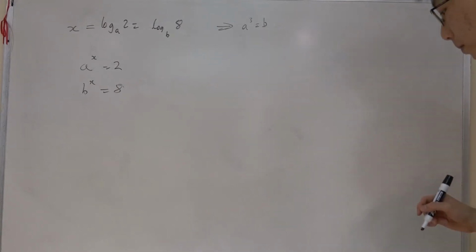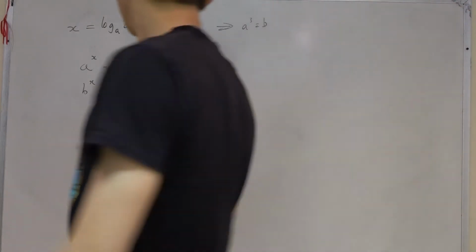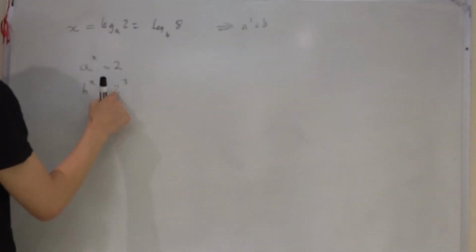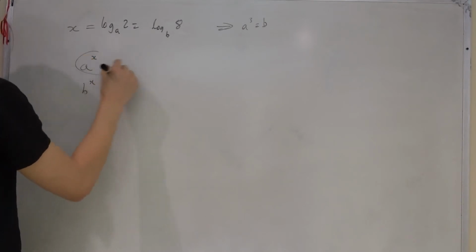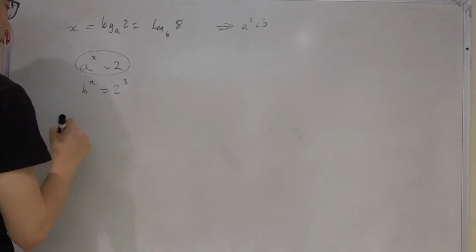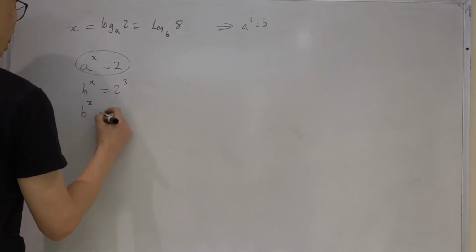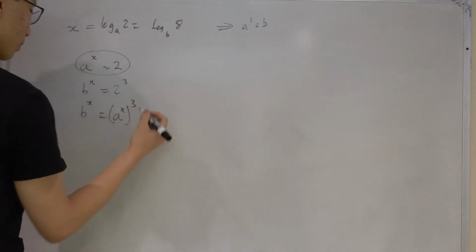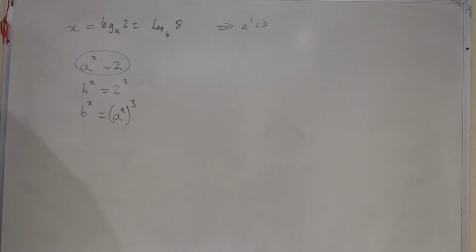Alright, so if you notice, 8 is equal to 2 cubed. And A to the x is equal to 2. So that means that we can substitute in A to the x in here. And we get that.